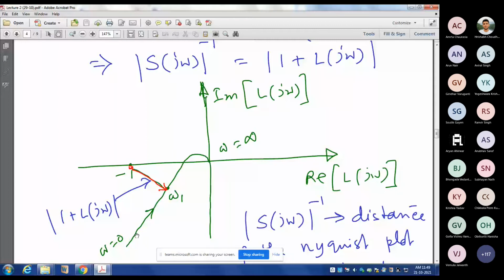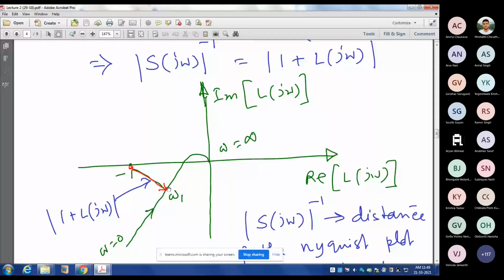Now what is 1 plus L j omega? If this is your L j omega at any frequency, say omega 1, so this is my L j omega plot. So this is your 1, and from here to here is the magnitude of L j omega 1. So this is 1 plus L j omega.